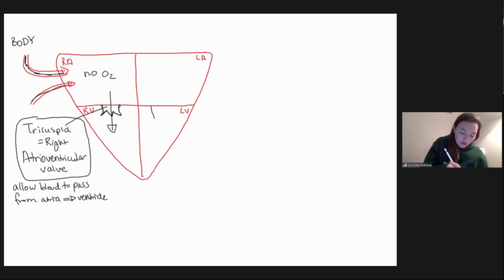If it goes the other way, that's because the person has a problem with their valve, which we will talk about and you guys have to know about, but what it's designed to do is just go one way. So the other side of the heart, the left side, has what's called the bicuspid, or the left atrioventricular valve. Kind of makes sense, right?